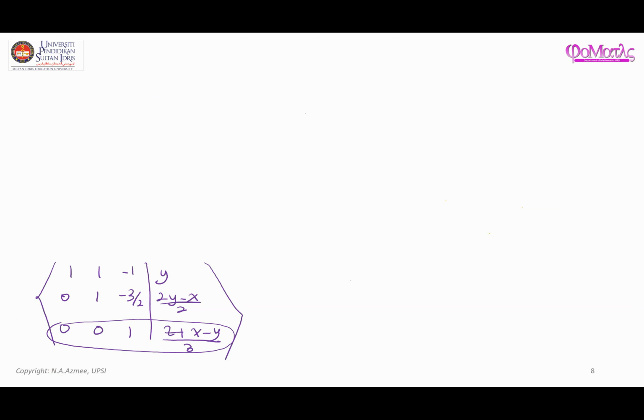Here we can straight away get the value of C3. So C3 is just z plus x minus y over 3. That is C3.